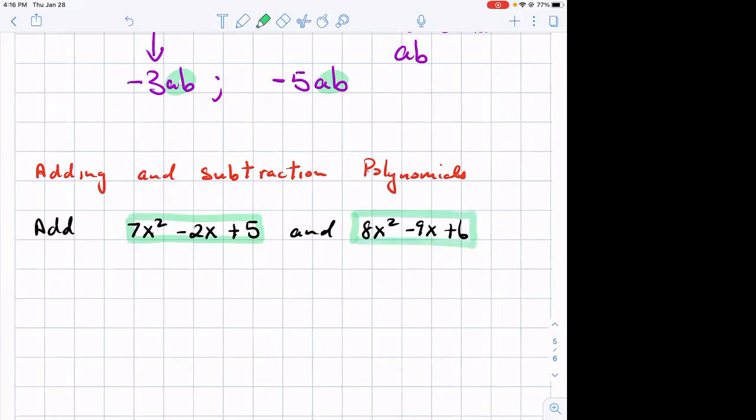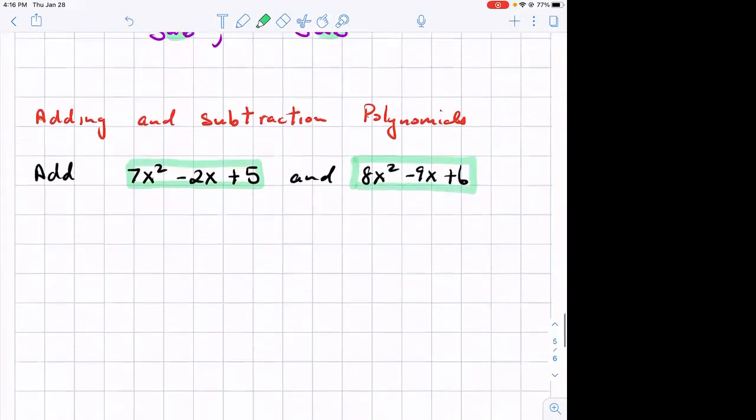Now, there's a couple of ways to do this, okay? And I will do it in what is called the horizontal way. Some of you may have learned how to stack them up the vertical or the column way, okay?